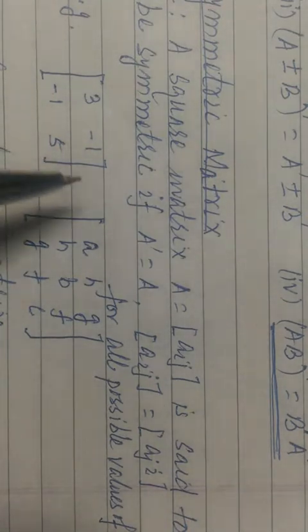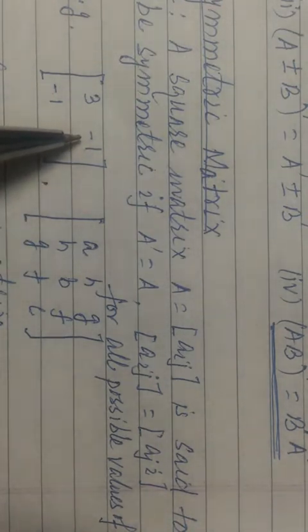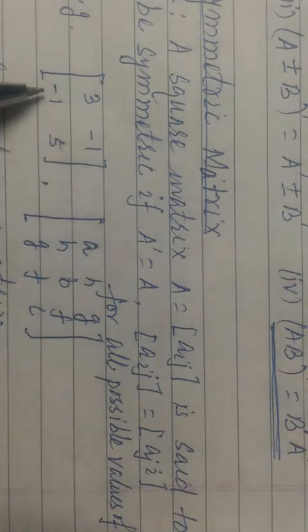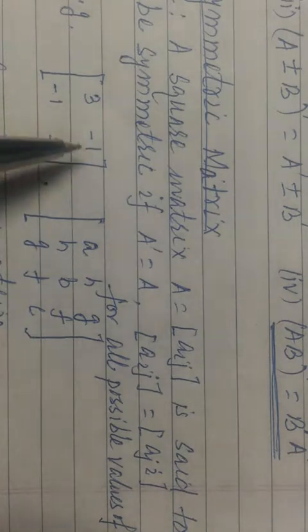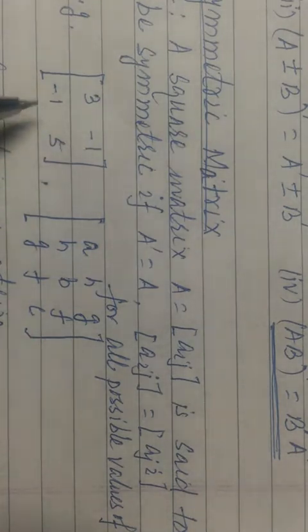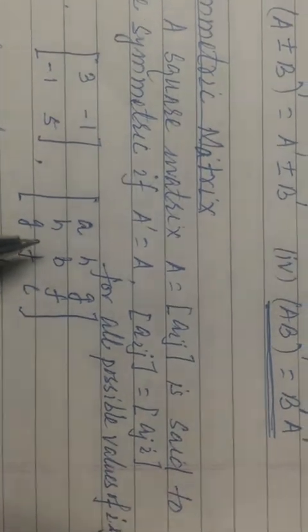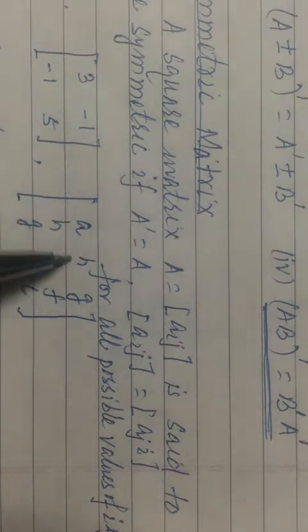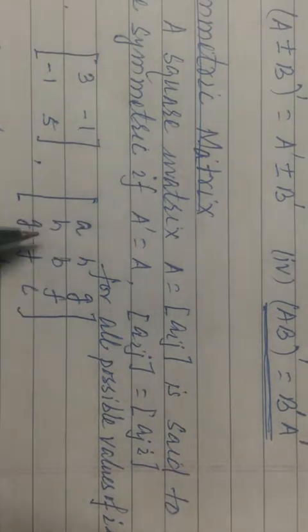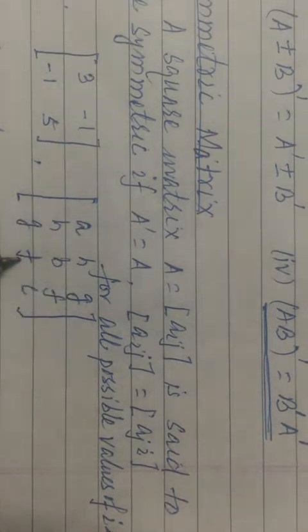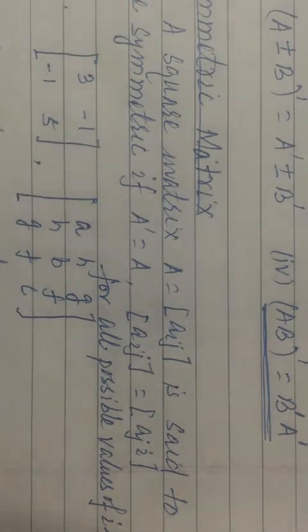Here also, a_12 and a_21 are the same. In the second matrix also, we find the first row elements and the first column elements, the second row and second column, and the third row and third column are the same. So we call these matrices symmetric matrices.